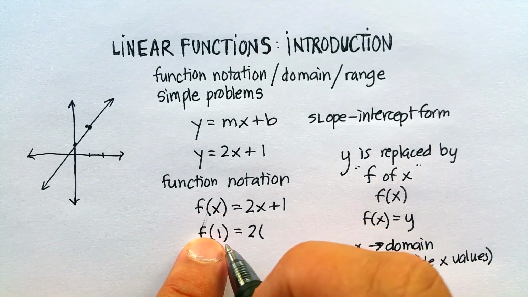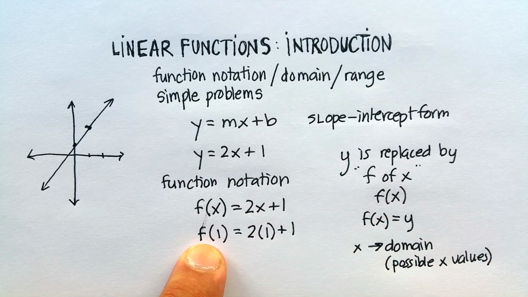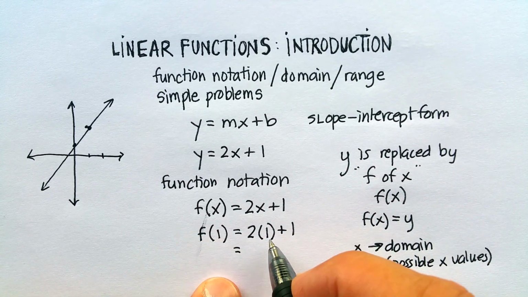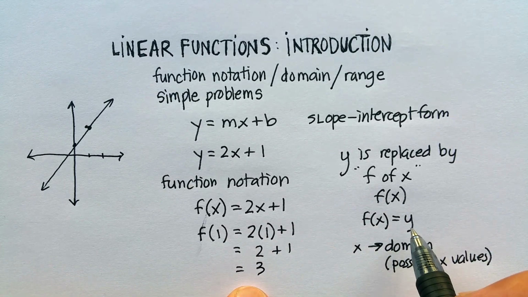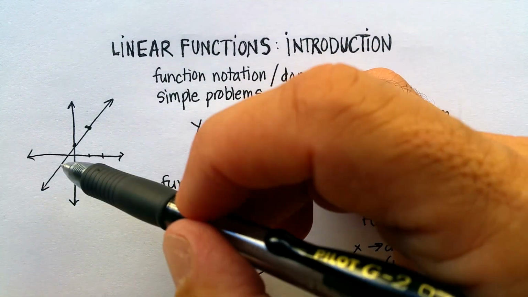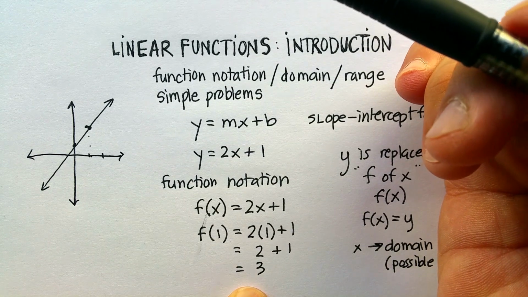Wherever I see x, I'm going to put in 1. And then I'll just work it out. 2 times 1 is 2, plus 1 gives me 3. Notice that that's also my y, right? So 1, 1, 2, 3. And there you have it.